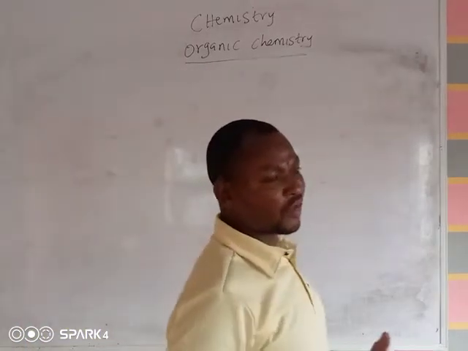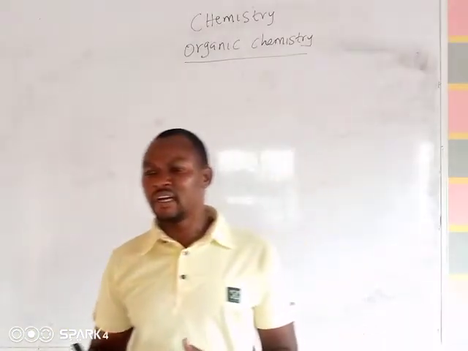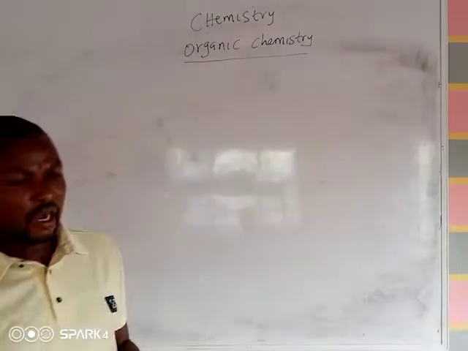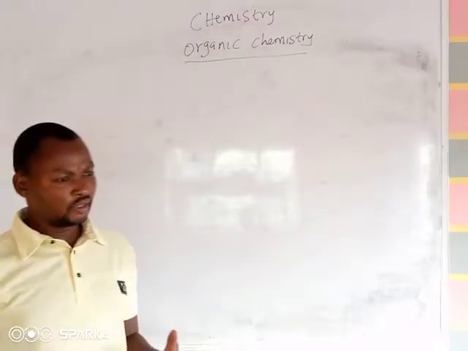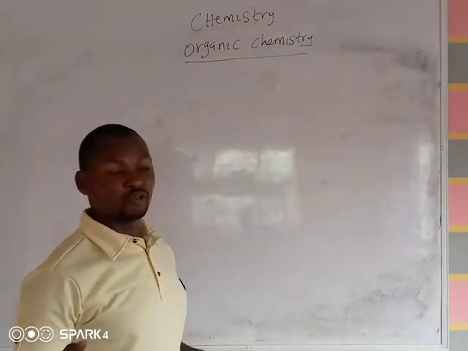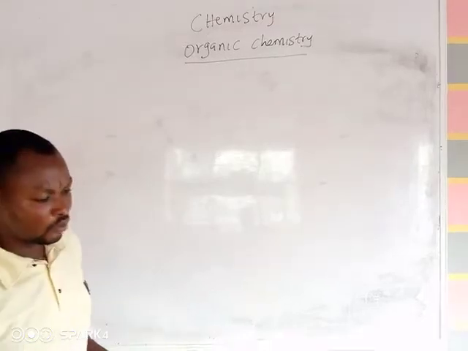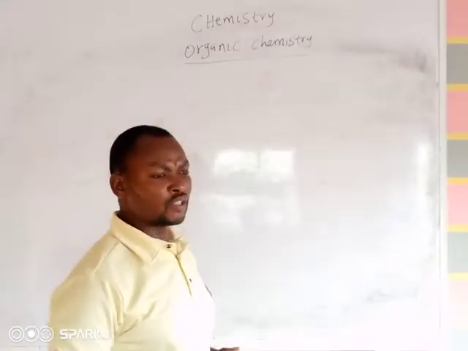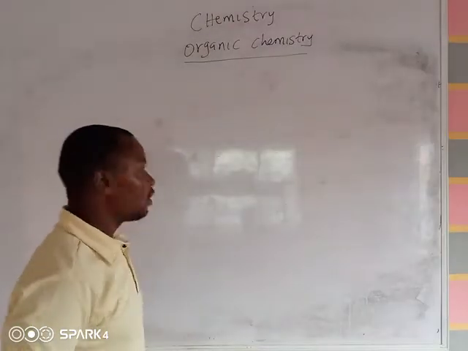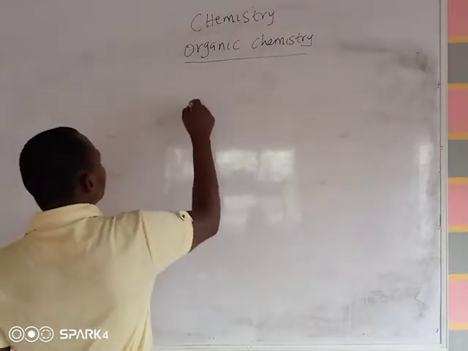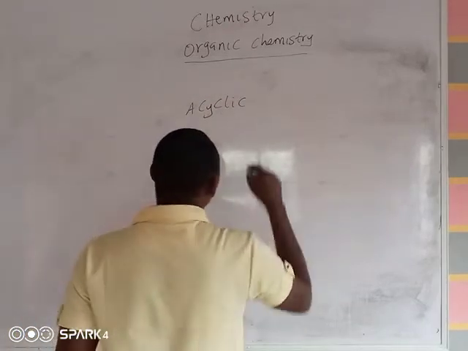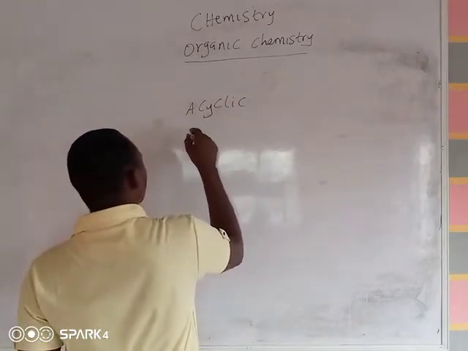Saturated hydrocarbon can be divided into 2. We have acyclic, and we have what? Cyclic.